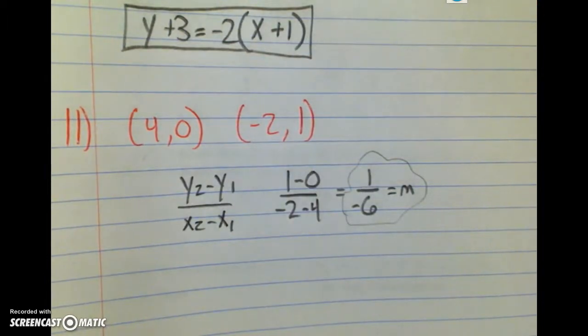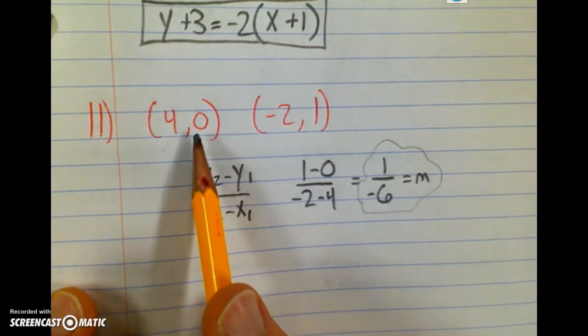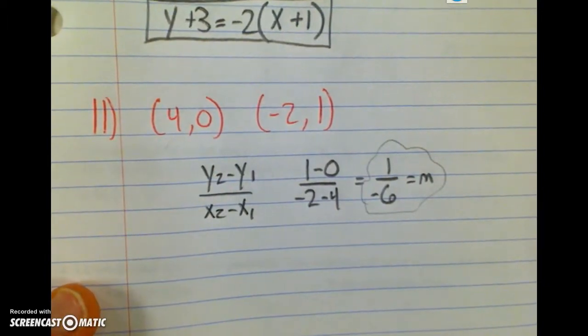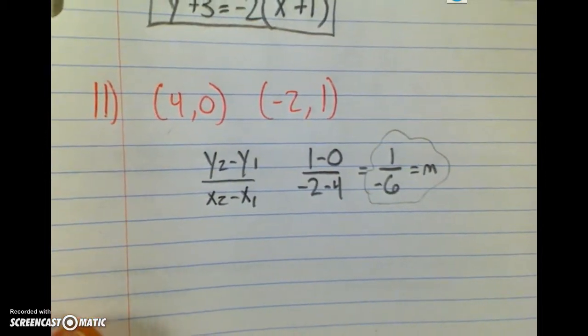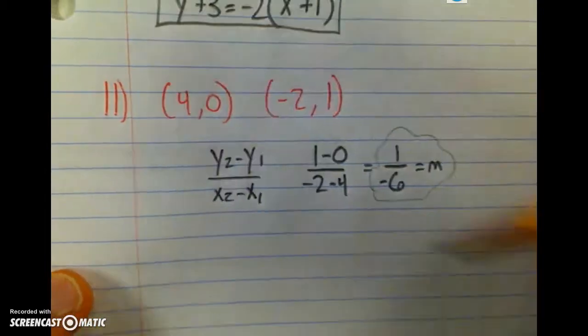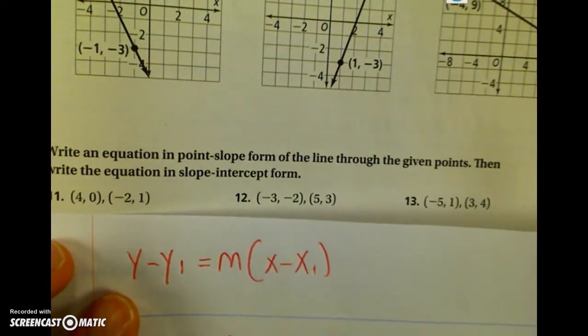I'm going to choose this one, and put it in slope intercept. Then we'll have a 0 there when I address that. So now I'm going to point slope form.